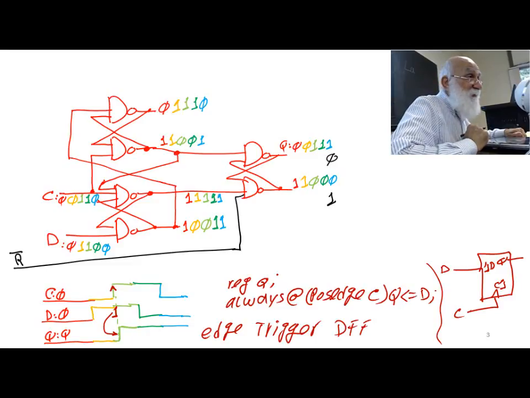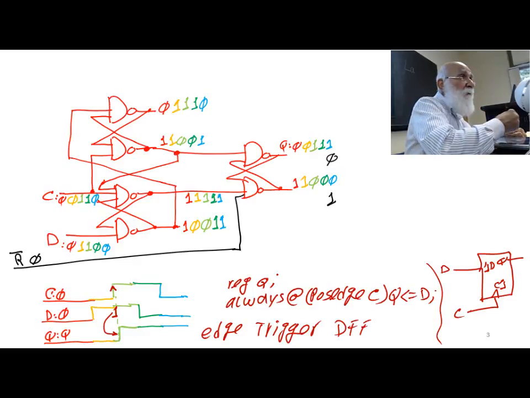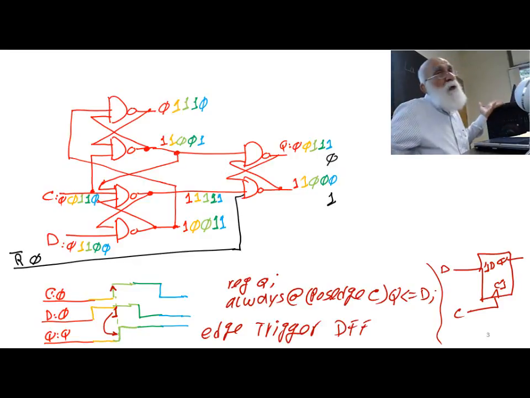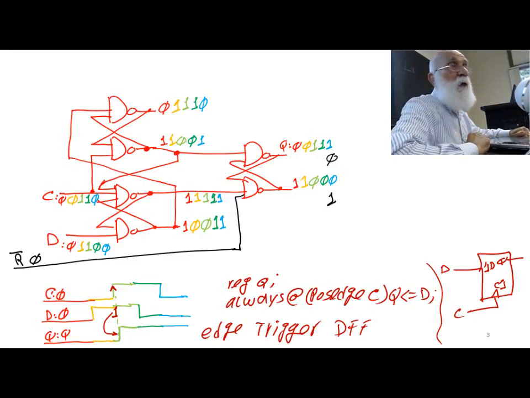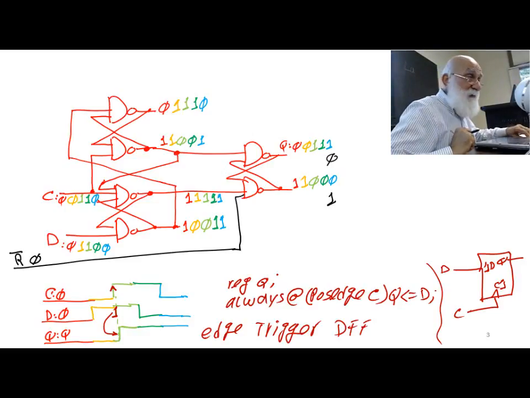But the problem with this is it's really not permanent. See the 0 and 1, the black 0 and 1 that I have, if I change my R, now it is 0, back to 1, then the black 0 and 1 will go back to what they were before. So this is not a really good permanent resetting.